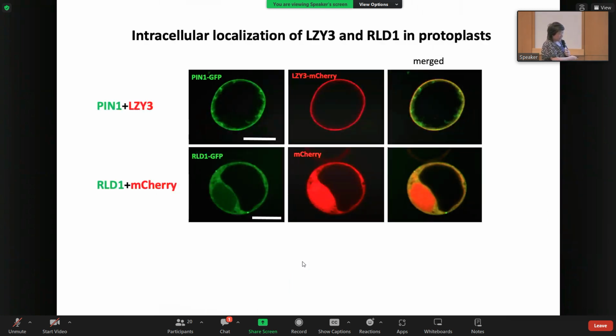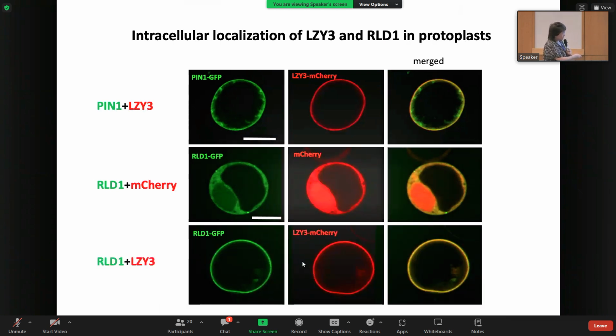This slide shows the intracellular localization of LZY3 and RLD1 in Arabidopsis protoplasts. RLD1-GFP was in the cytoplasm and punctate structures. However, when RLD1 is co-expressed with LZY3 in the same cell, most of the RLD1-GFP signal was co-localized with LZY3 on the plasma membrane, indicating that LZY3 recruits RLD from the cytoplasm to the plasma membrane.